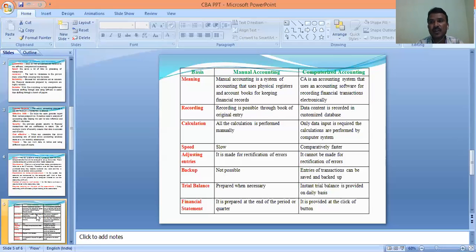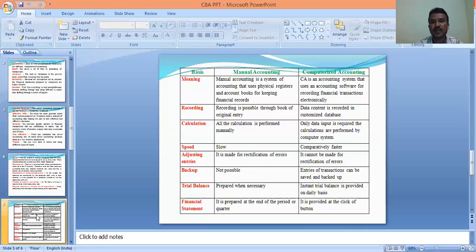In manual accounting, all the adjustments, we should adjust either minus or plus, whatever it may be. You can adjust it manually only. Errors are rectified and modified.